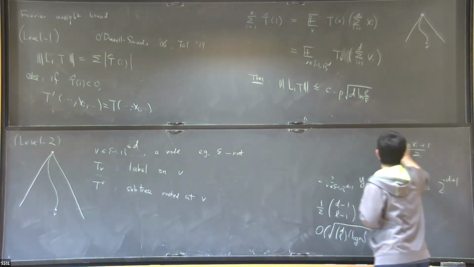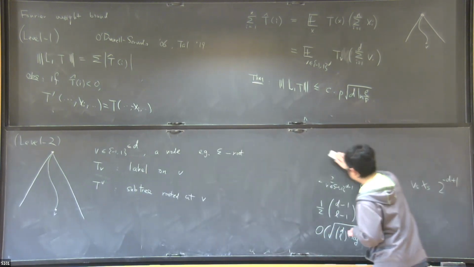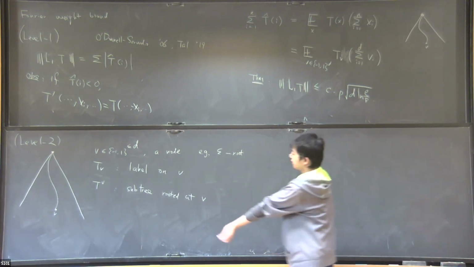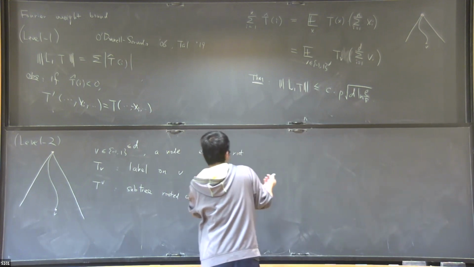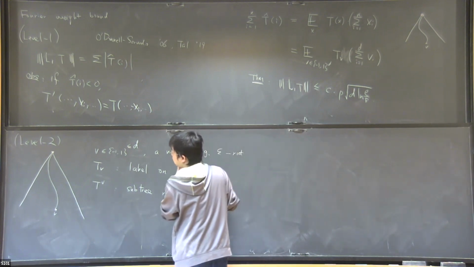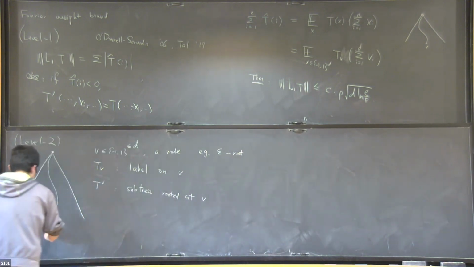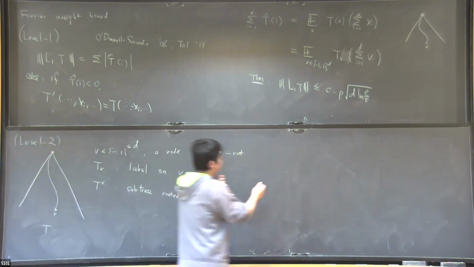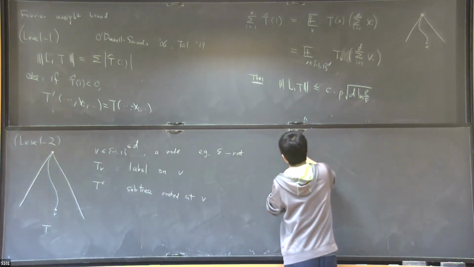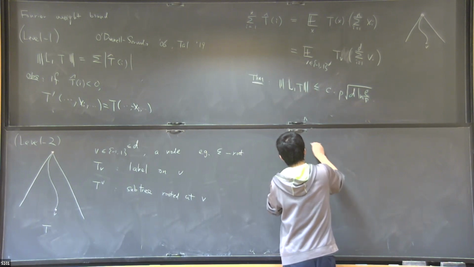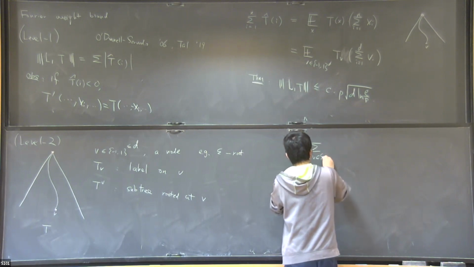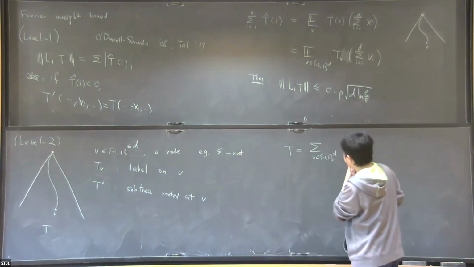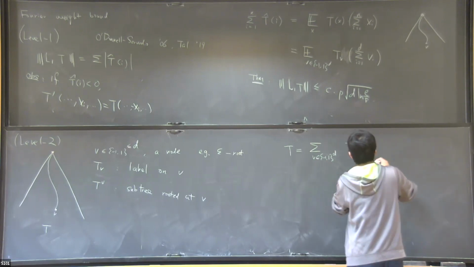And as I mentioned, we really want to stick to this perspective that we express our tree as a sum of the subcubes. So we want to write down our tree as the sum of the leaves. When you reach this leaf, you output the label on the leaf.